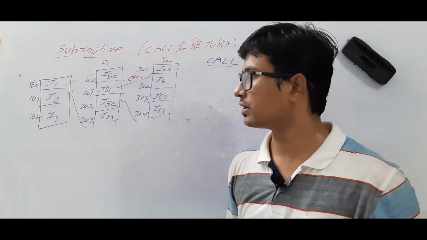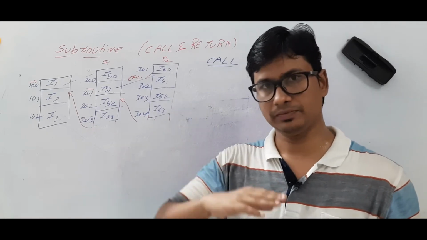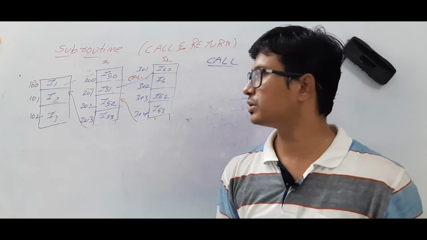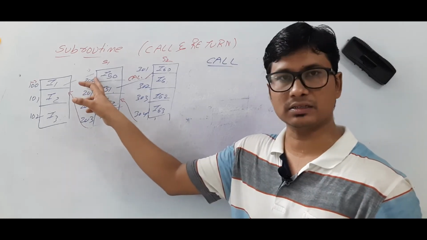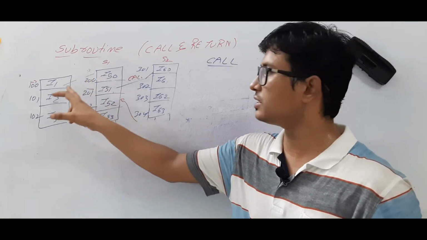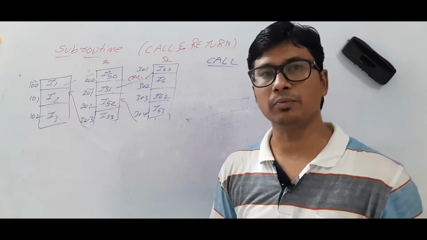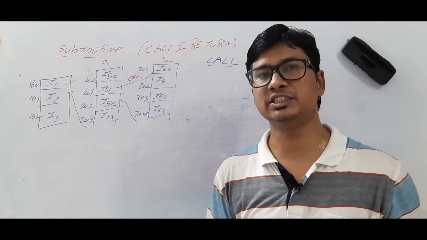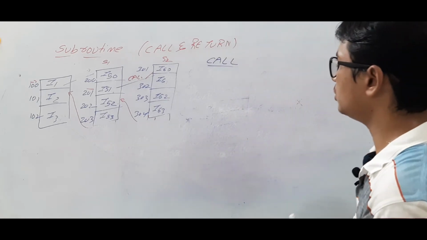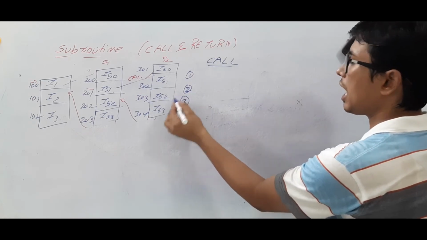That is step 1, whenever this call has happened. Step 2 is that you have to increment the stack pointer. Then the effective address, the 200 location here, should be stored in the program counter, because the program counter should have the address of the next instruction you are fetching. So whenever you are calling a subroutine, three things will happen.